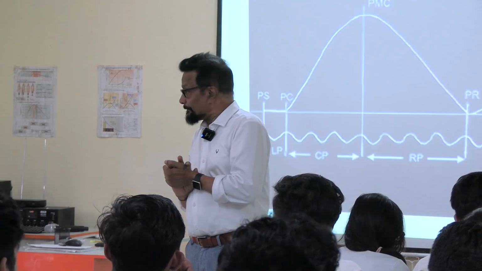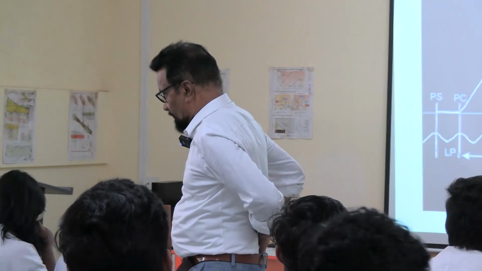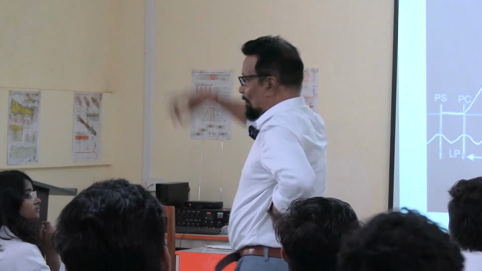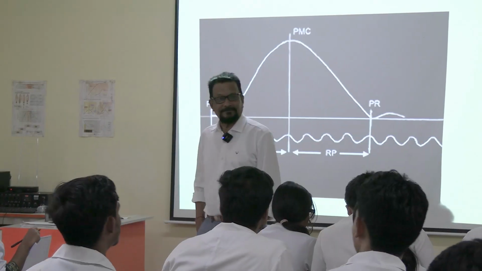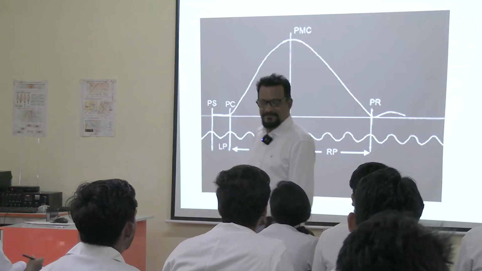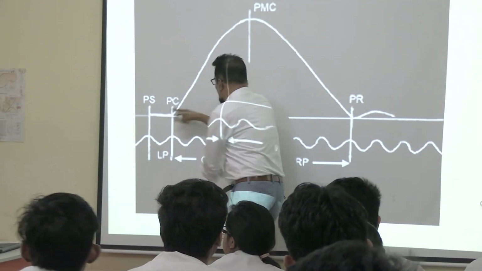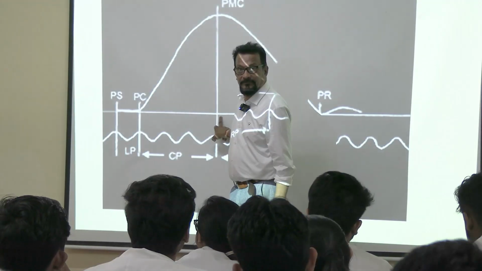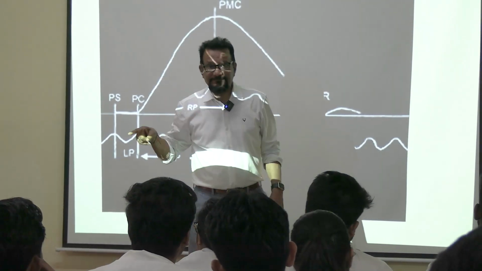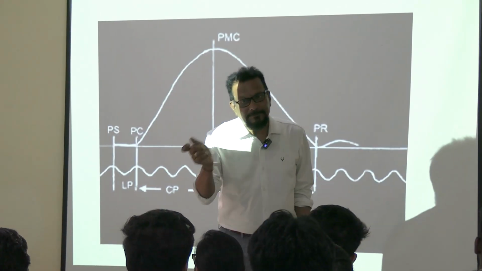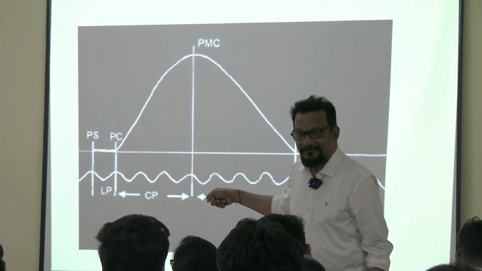Now, can you calculate one more thing? Rate of contraction, meaning speed of contraction. How can you measure it? It's very simple. During the contraction period, during this period it contracted, and how much time did it take?